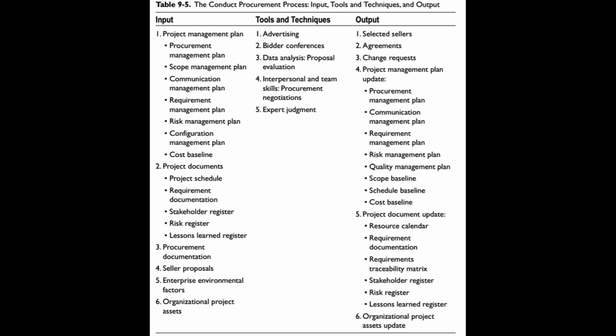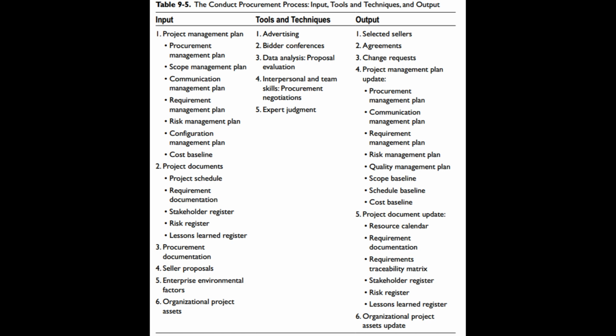6. Organizational process assets. Tools and Techniques: 1. Advertising. 2. Bidder conferences. 3. Data analysis: proposal evaluation. 4. Interpersonal and team skills: procurement negotiations. 5. Expert judgment. Output: 1. Selected sellers. 2. Agreements. 3. Change requests. 4.